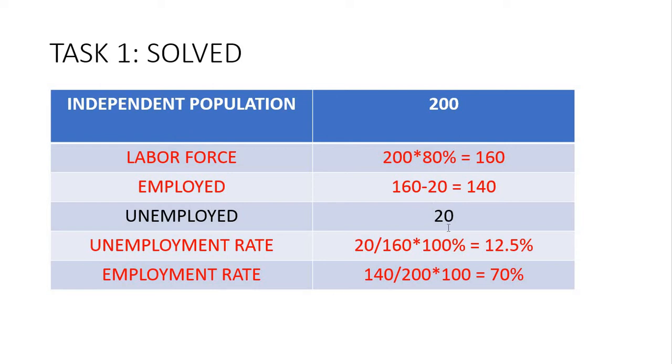That's why in order to calculate number of people employed, you have to subtract number of people unemployed from the size of labor force, and you will get 140 billion. Finally, you calculate unemployment rate as the ratio of unemployment to the size of the labor force here. And you calculate employment rate as the ratio of number of people employed to the size of independent population, and here is the answer.